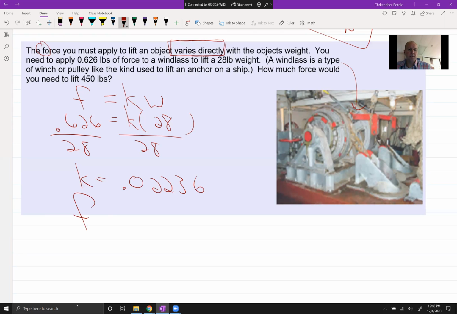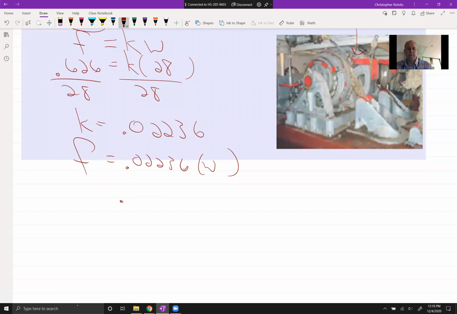So the force needed is 0.02236 times the weight. Now, it just so happens that I used to lift 450 pounds at a time. Okay, I made that part up. It's fine. I'm old.